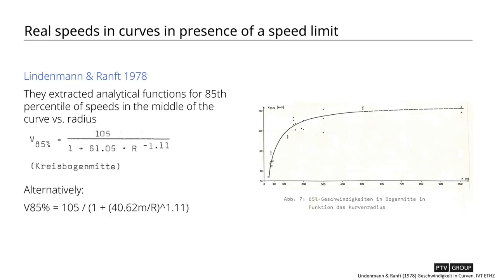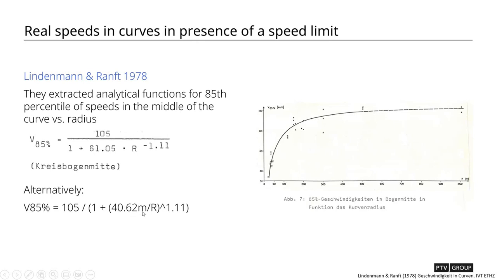Alternatively, that's the first step. It doesn't change anything; using this alternative function always gives the same result. I just include this parameter with the exponent. So 40.6 to the power 1.11 is 61.05.